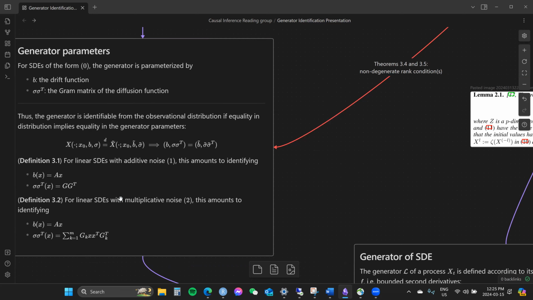So we still need to recover these parameters from the observational data, but why do we care?